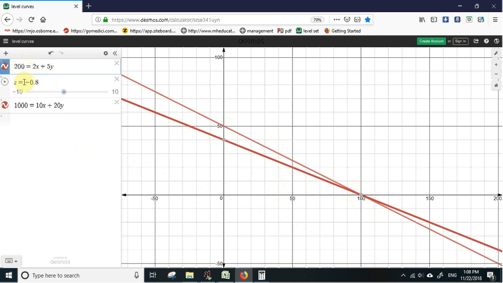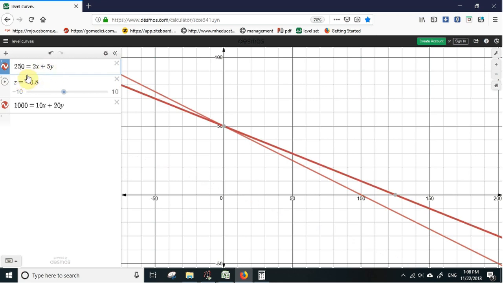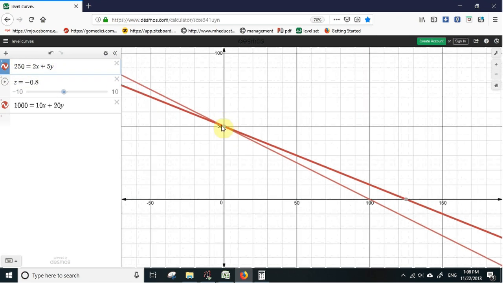Now if he spends on the Y commodity, or the second commodity only, he can purchase 1000 divided by 20, which is 50 units. So this is 50 times 5, which is 250. So now the consumer can reach a higher indifference curve than before.